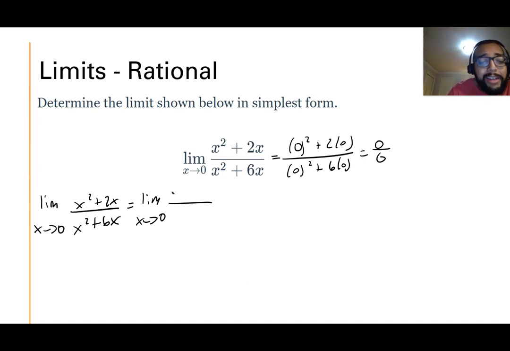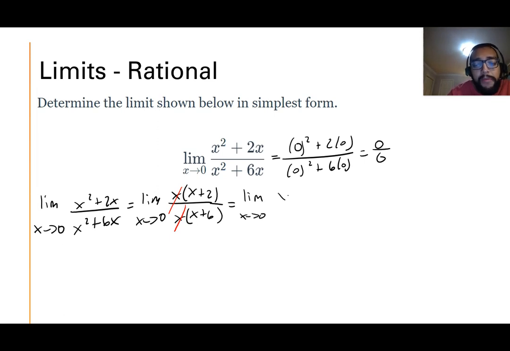We can take out an x on top, and we can take out an x on bottom. And hey, you've got an x on top and an x on bottom. That's great news, because now we can just cross out those x's. They cancel out.